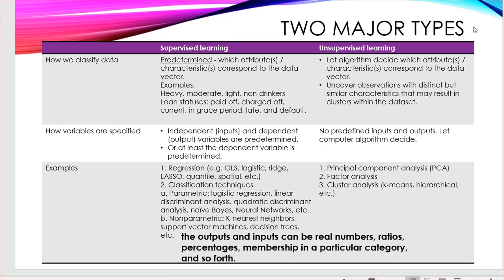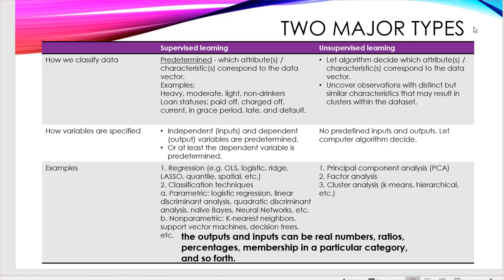We just group all these measures or variables into different factors when we do PCA or factor analysis. And when we attempt to classify observations, or the rows, instead of factors, or the columns, we use any kind of cluster analysis, be it k-means or hierarchical clustering. Any kind of cluster analysis falls under the unsupervised method of classifying data.